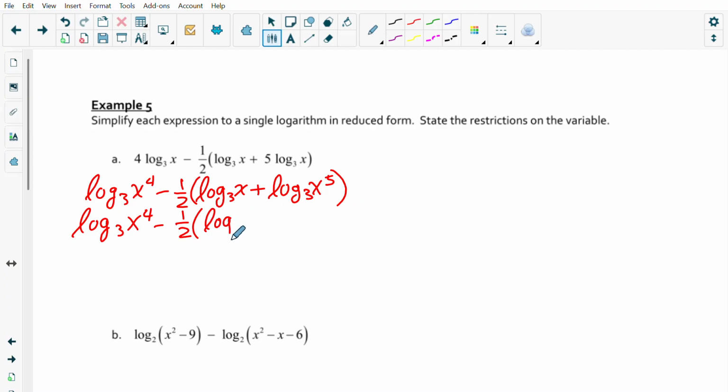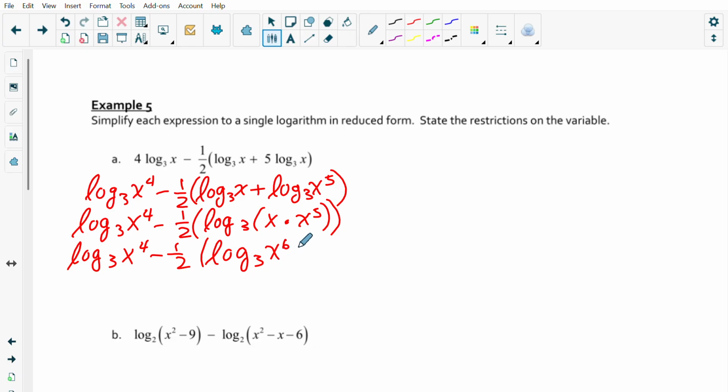Now let's combine using the product law. Okay, so that's log base 3 of x times x to the 5th. Log base 3 of x to the 4th minus 1/2 log base 3 of x to the 6th.